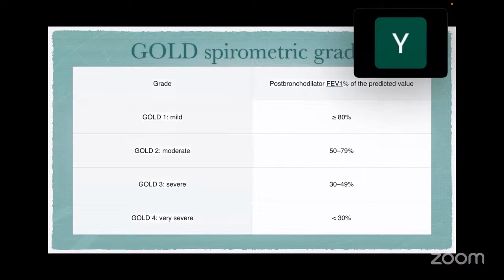The other classification is the ABCD classification, which depends on two things: number one, exacerbation and hospitalization, and number two, the symptoms.